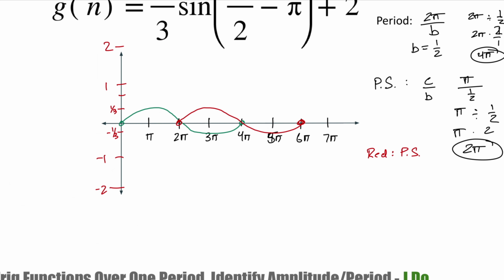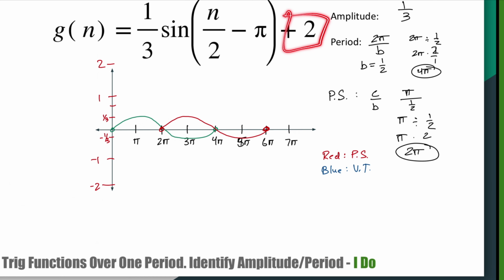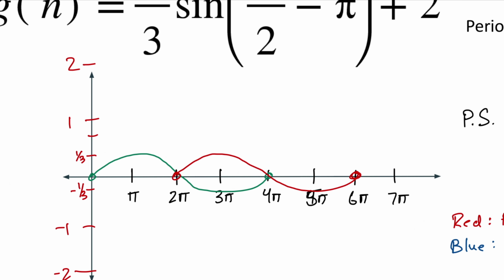Okay. Now in blue, we're going to do our vertical translation. This has a +2 at the end, so it should go up 2. Let's do our midline first. Our midline is going to be all the way up here, so I probably should have done my numbers a little bit differently. I'm also going to draw this to help me see where it is up here, but it started at 2 pi now, and it's ending at 6 pi.